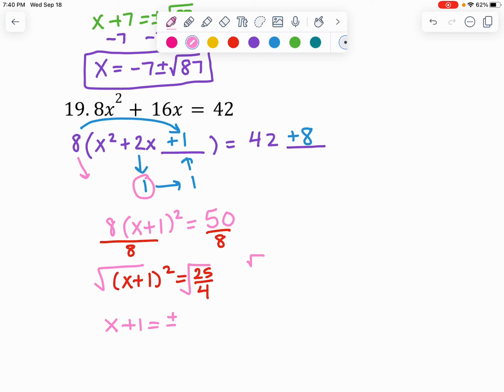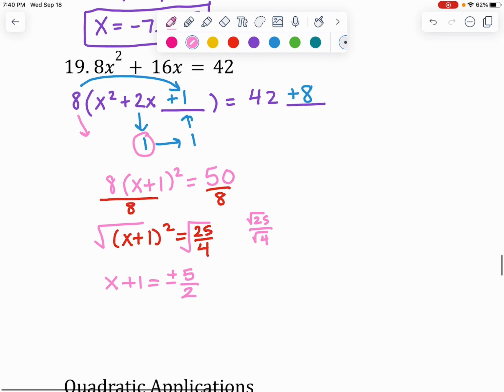You can think of it as the square root of 25 over the square root of 4. The square root of 25 is 5, and the square root of 4 is 2. So we get plus or minus 5 halves. Finally, I need to subtract the 1 over, and I get x equals negative 1 plus or minus 5 halves.